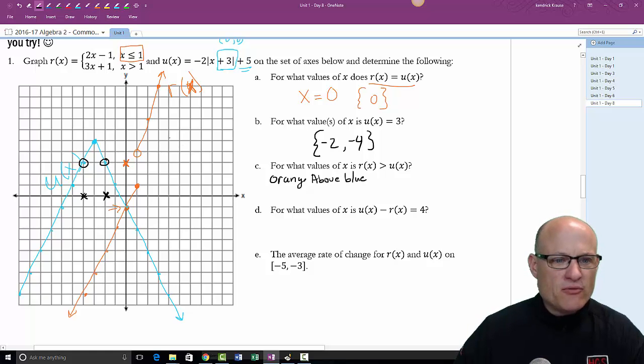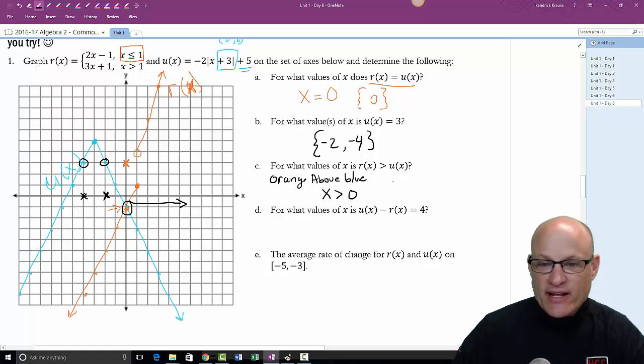Here's where they're equal, and if I go to the right side, orange is above the blue. So I would say when x is greater than, not equal to, but greater than 0. Another way to say that in interval notation is (0, infinity). Either one will be acceptable.